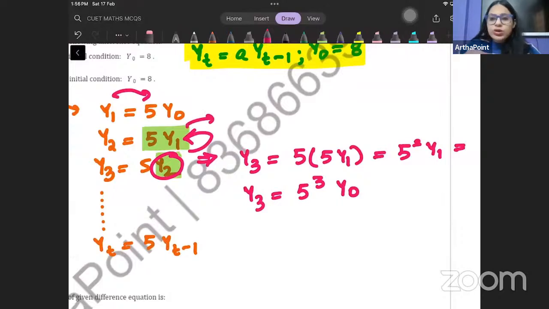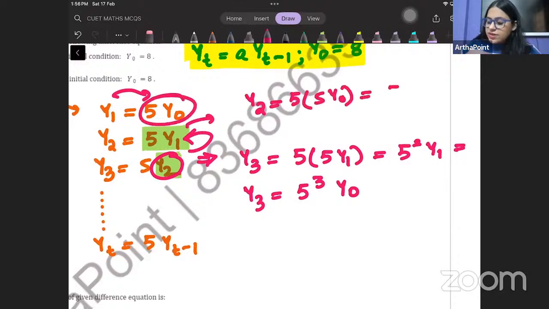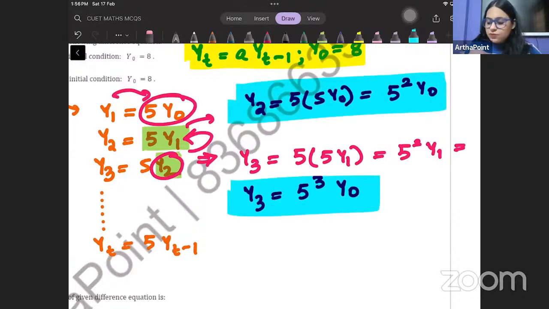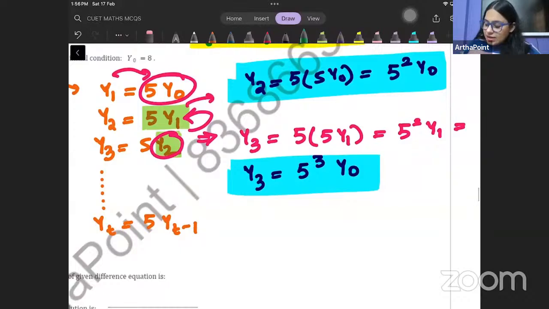Similarly, अगर मैं y2 को derive करने की कोशिश करूं, I will get y2 is equal to 5 y1. y1 क्या था? 5 y naught. So I will get y2 is equal to 5 square y naught. So can I see the general pattern here? I can, ना. What is my general pattern? That if I need to find out y3, तो ये 5 to the power 3 y naught हो रहा है.